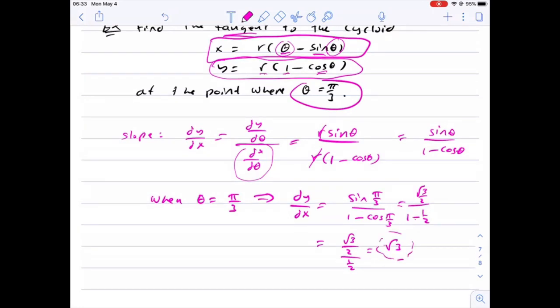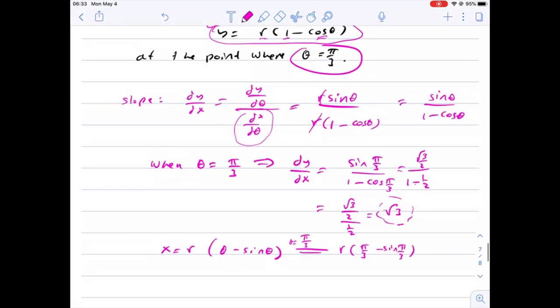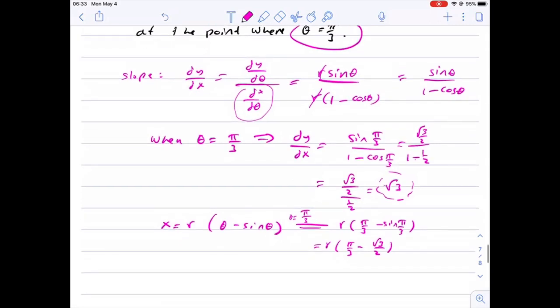Now we need to find the point x and y. So x is r times (theta minus sine theta), and then we evaluate it at theta equals pi over 3. So we get r times (pi over 3 minus sine pi over 3). This is r times (pi over 3 minus square root 3 over 2).